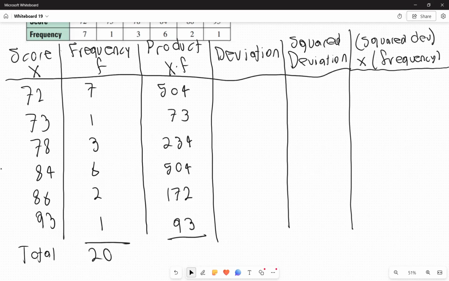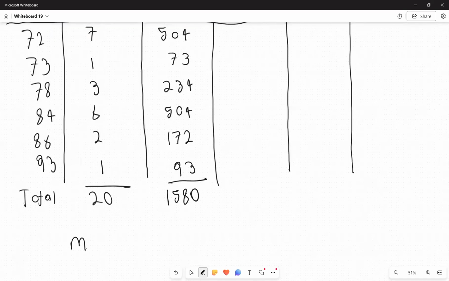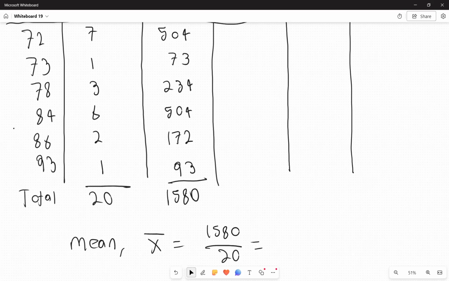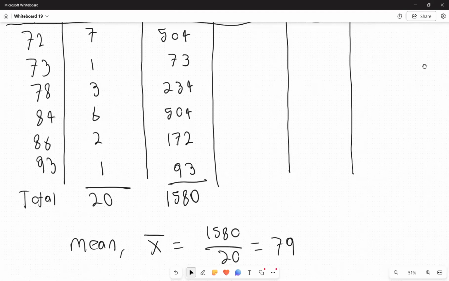The sum of the score times the frequencies is 1,580. So the mean is 1,580 divided by 20, which is 79, and we're ready for the next step.